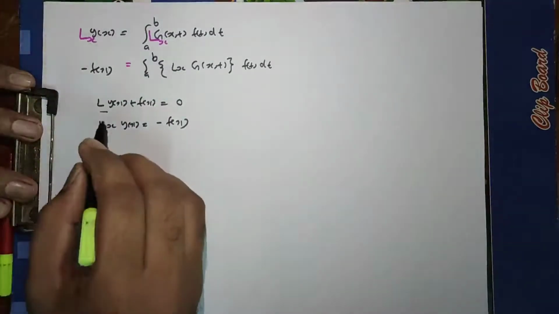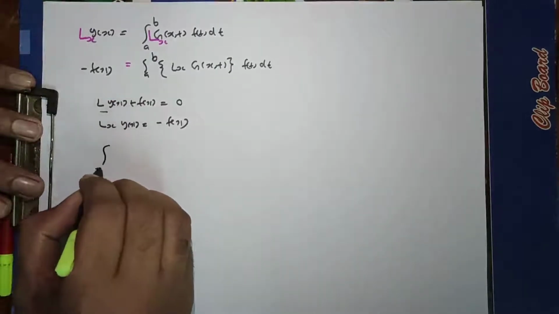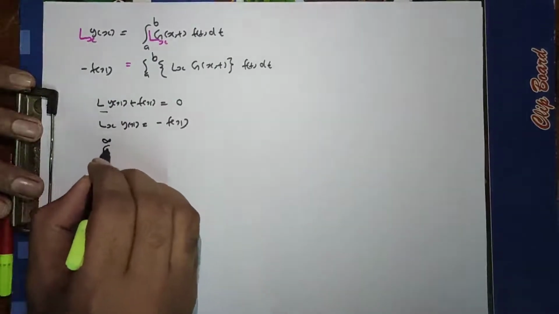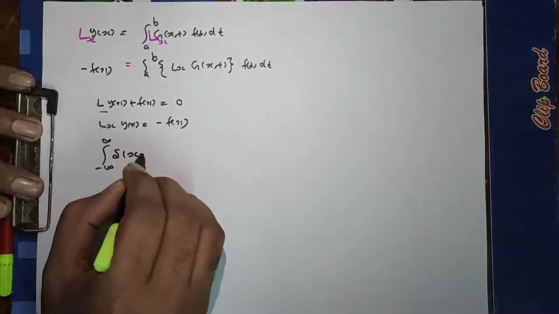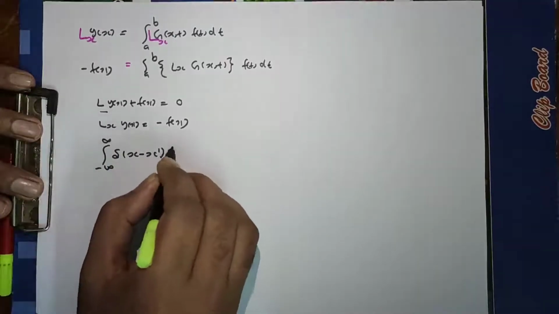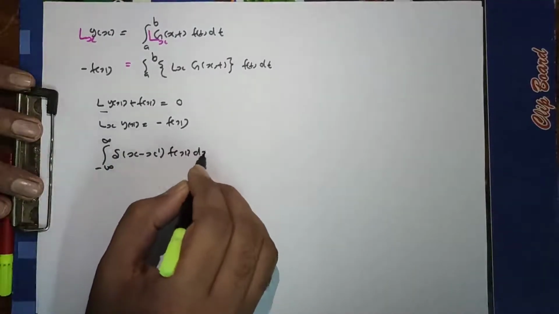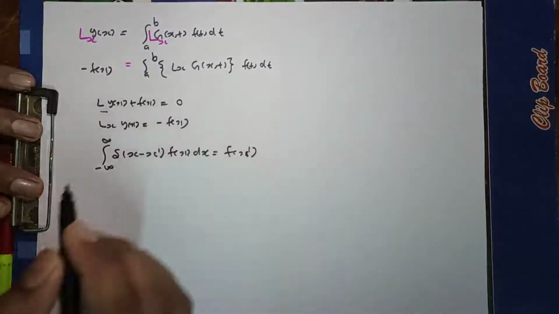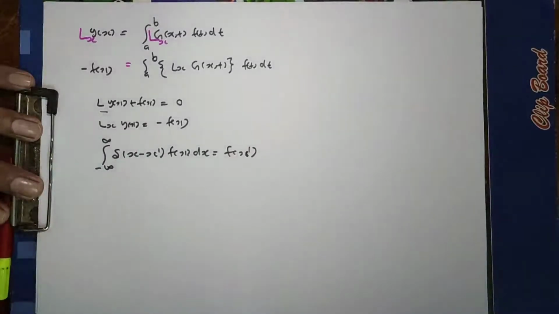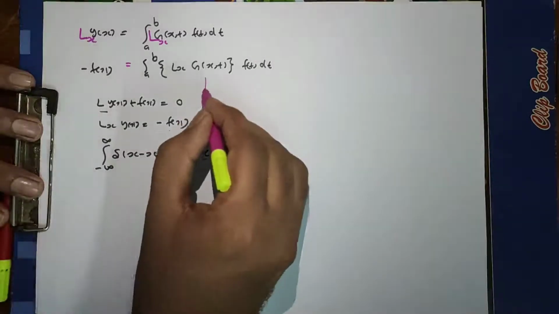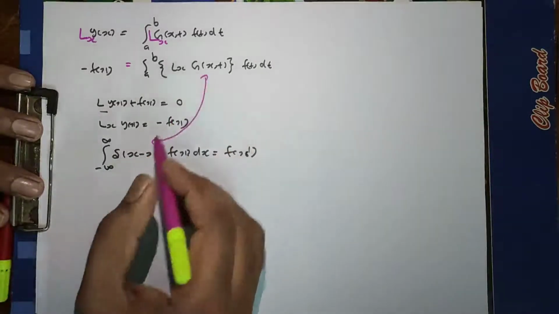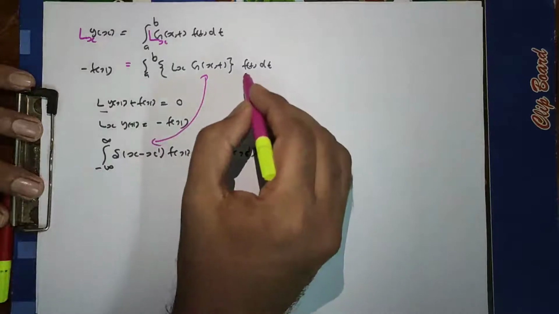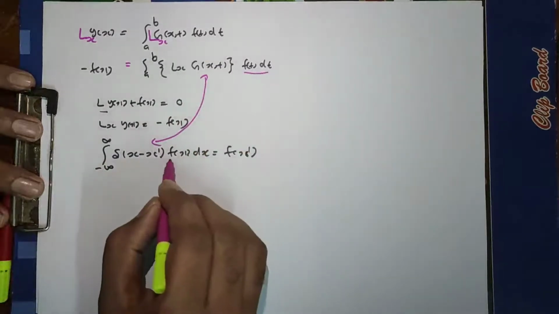Now we have the delta function property: integral from minus infinity to infinity of delta x minus x prime f of x dx is equal to f of x prime. If you compare these two equations, then f of t dt corresponds to f of x dx.